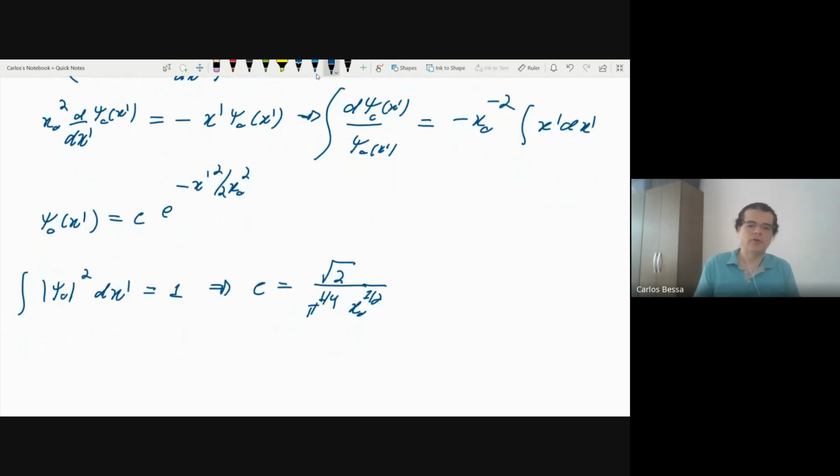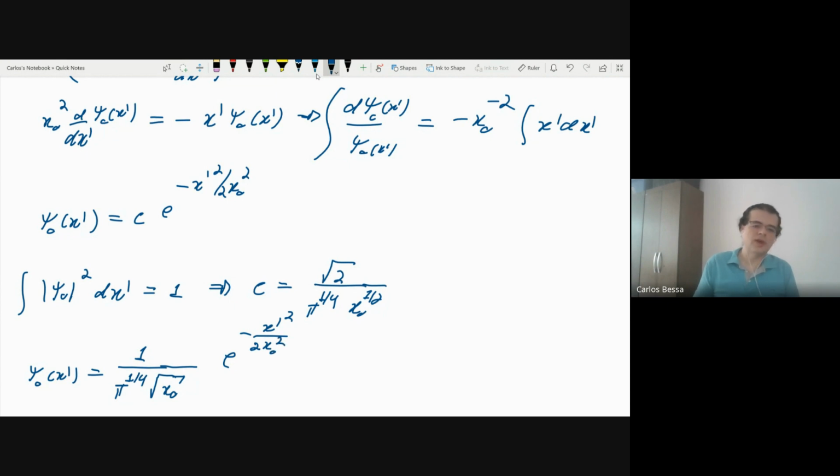Okay, so with the constant, we find that psi 0 of x prime will be just 1 over pi to the 1/4 square root of x 0, exponential of minus x prime squared over 2 x 0 squared.